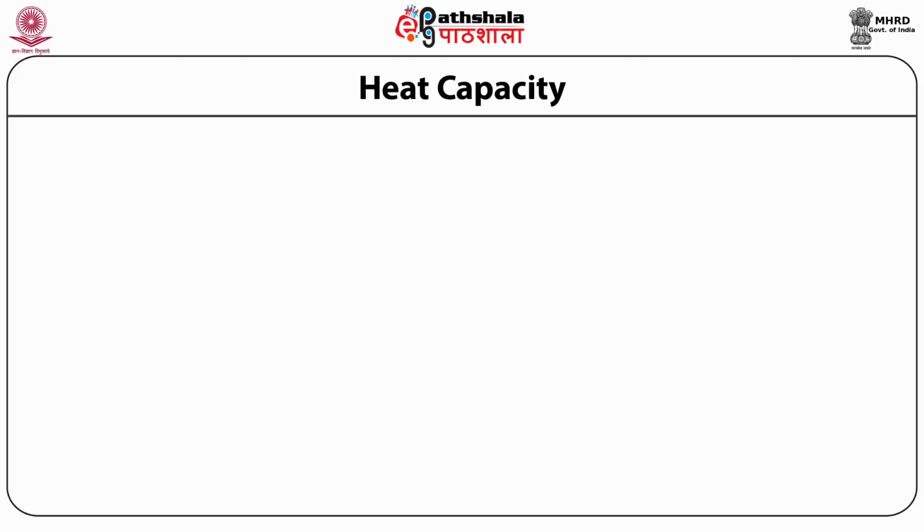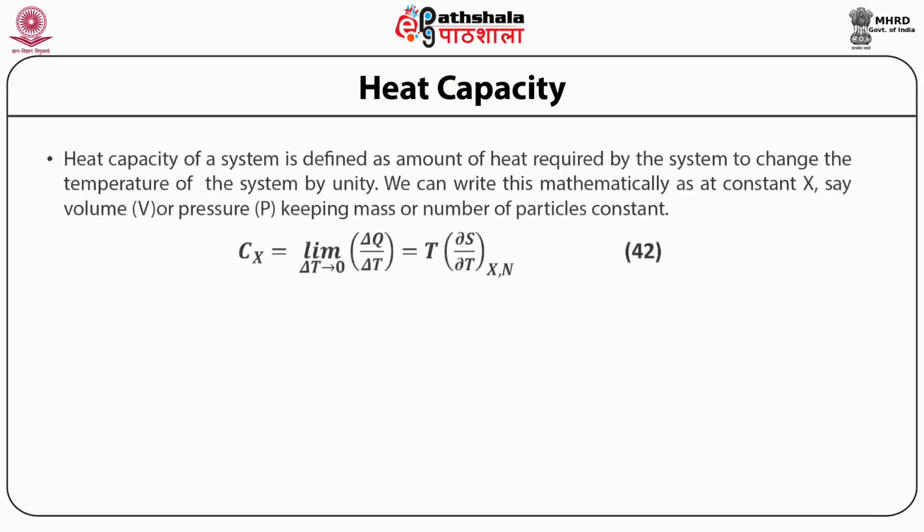Let us understand the relations corresponding to a very interesting physical quantity called heat capacity. Heat capacity of a system is defined as the amount of heat required by the system to change the temperature of the system by unity.